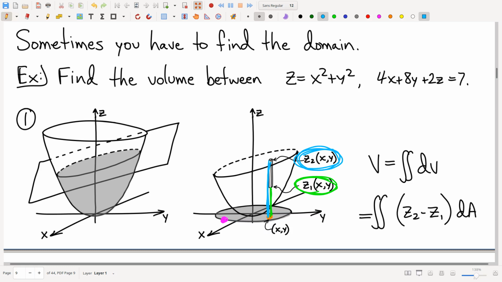Now I'm going to make the case that what I'm looking for, these purple points on the boundary I'm interested in, are the points where going up to the bottom surface and going up to the top surface is the same amount. So the big idea, how I'm going to find these purple points, is that those purple points come from where z1 is equal to z2.